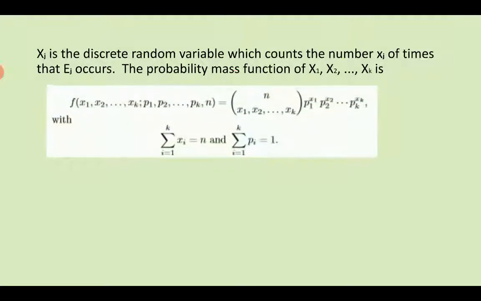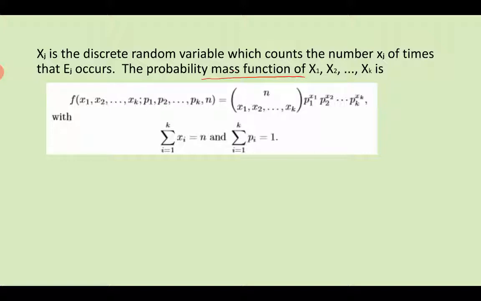Then the probability mass function for this case is, see, x1, x2, xk are the values, isn't it? This is the parameter P1 to Pk and n. We know we have P1, P2, P3, P4, P5, and n is 10. When you substitute those values here, you get the answer.